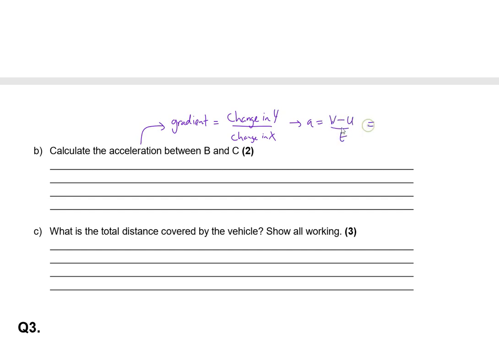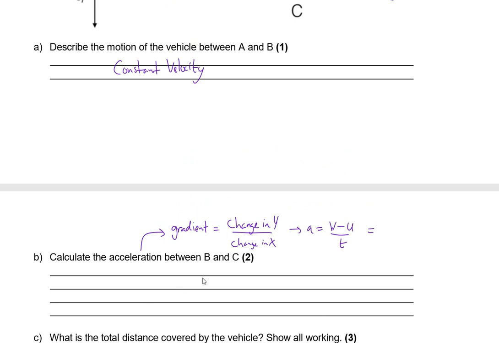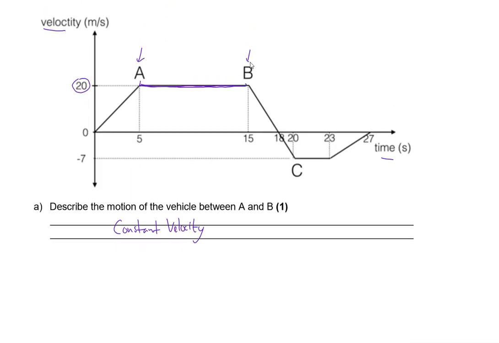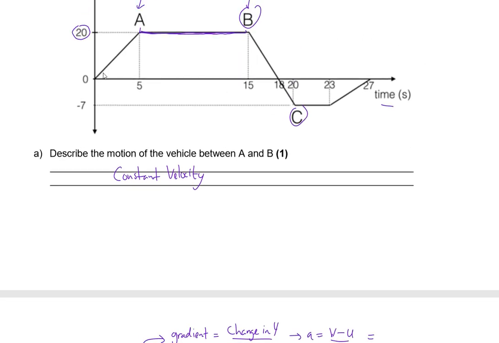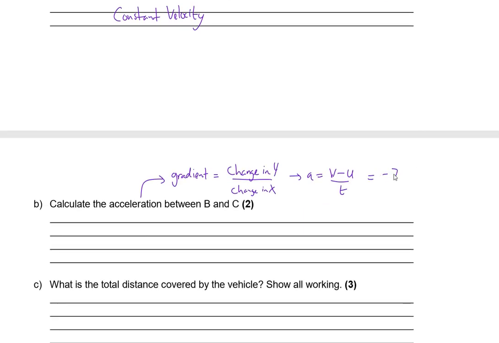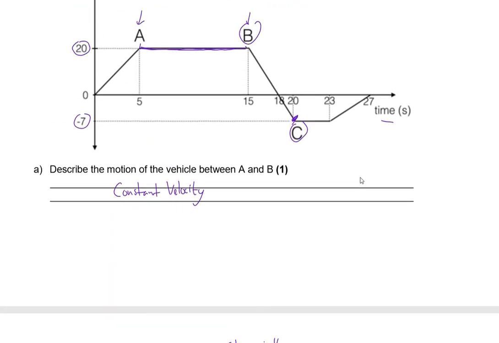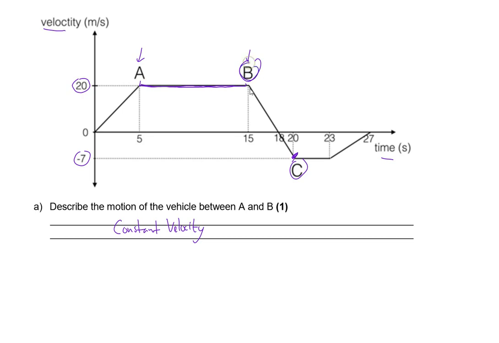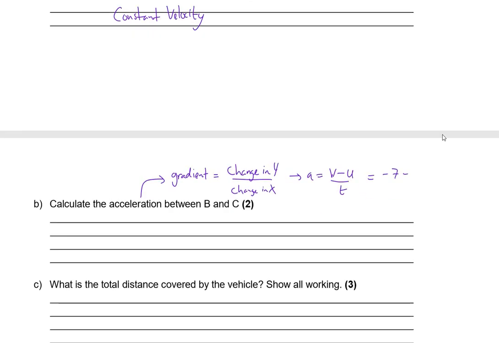This will also work. So let's have a look, between B and C. B is here and C is here. What is the final velocity? The final velocity is -7. So -7 minus the initial velocity. The initial velocity is at B, which is 20. The whole thing is divided by time.